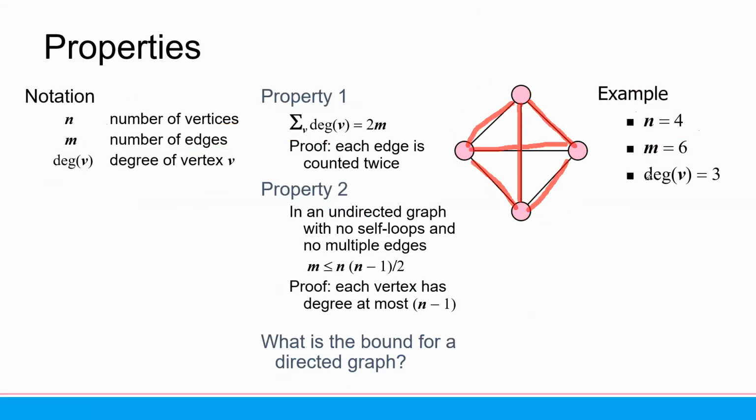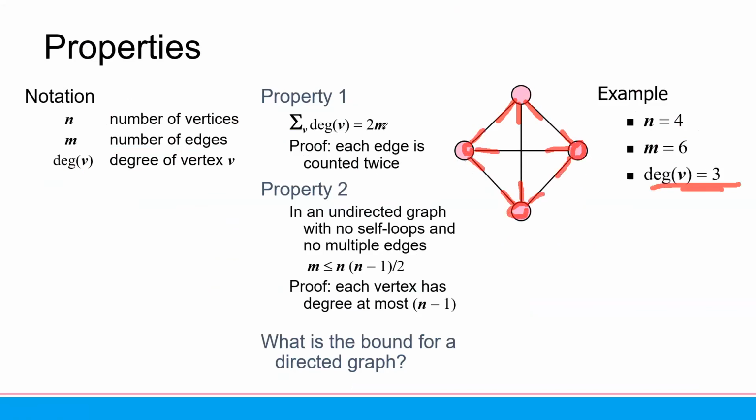Okay. And what is the degree of V? The degree of V, because all vertices have the same number of edges, is 1, 2, 3. So the degree of V is 3. For this vertex, we have 1, 2, 3. For this vertex, we have 1, 2, 3. And for this vertex, we have 1, 2, 3. So the degree of V is 3.